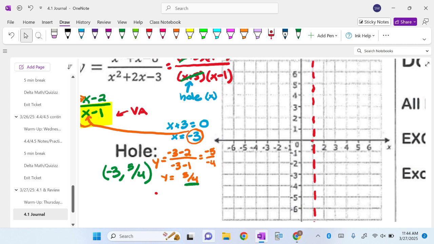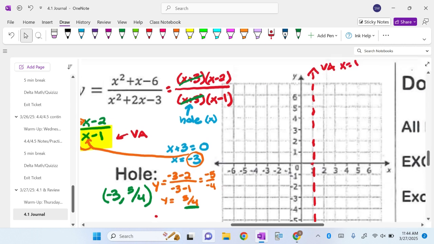We cannot have 0 in the denominator. So if we look at our original simplified version, if we set both of these equal to 0, we could not have an x value at negative 3 or an x value at 1. Because if we do, it would make the denominator what?